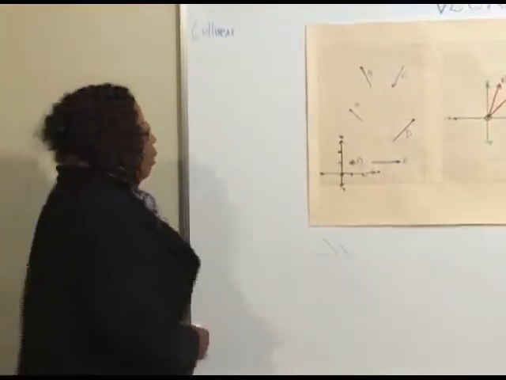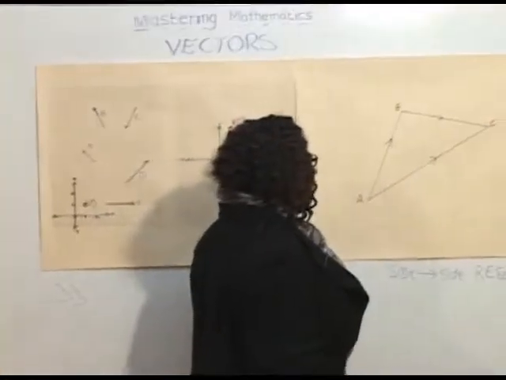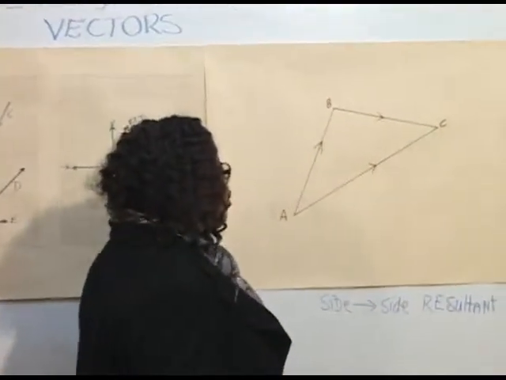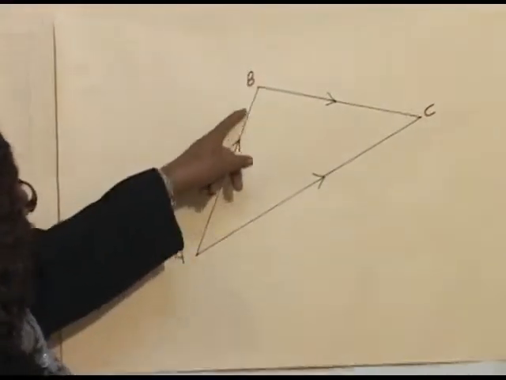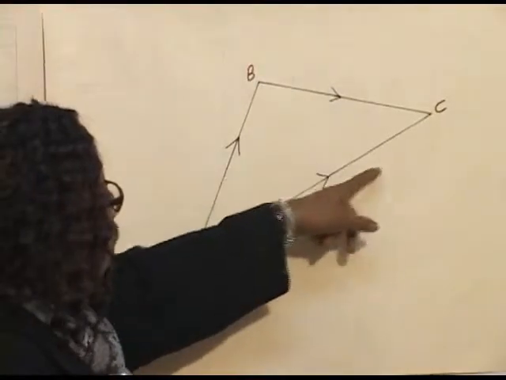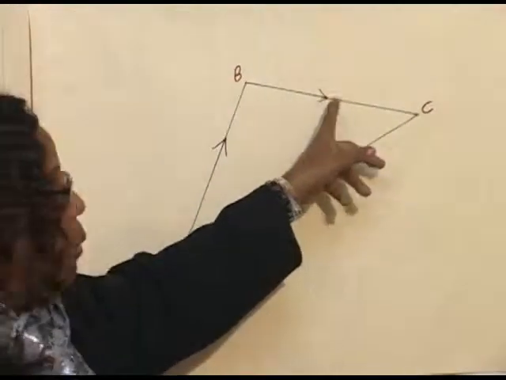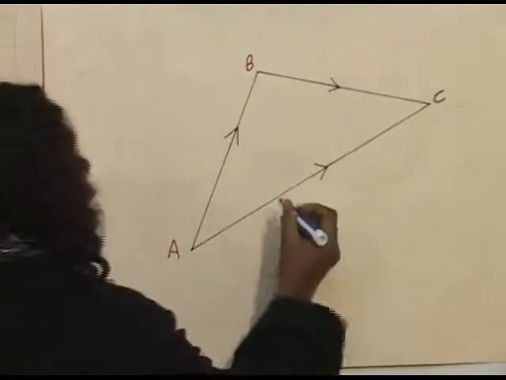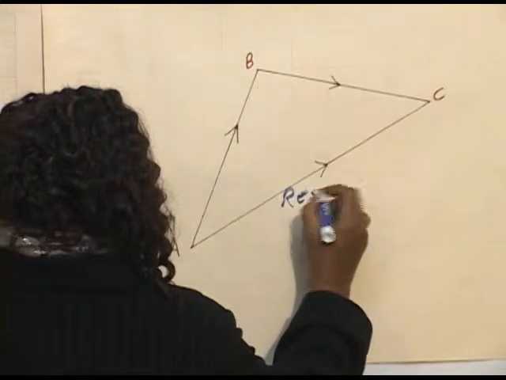All right? So we have it from all directions, so that you can tell yourself what you mean. On the triangle over here, if we had to ask you which is the side and which is the resultant, you see that this is going to fit into this, and this one would be coming in as if we're putting two noses meeting each other, then this would be our resultant.